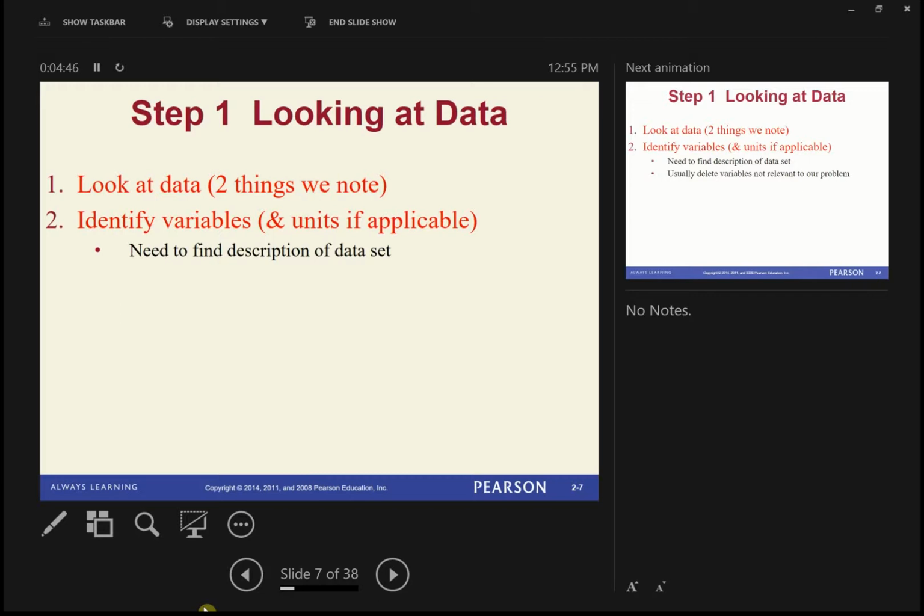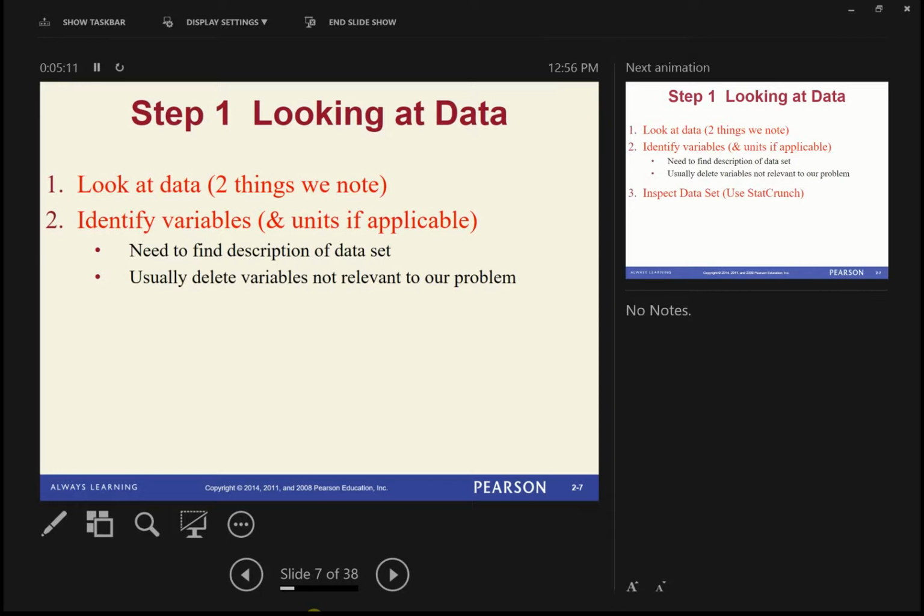Almost always, you're going to find a description of the data set. If you're reading an article in a popular magazine, it's going to tell you the background. It's going to say 2,000 people were interviewed and asked these questions. And if you really want to find out the details, you can go back and actually read the article. You can track down the article itself. But we have to at least answer these three basic questions.